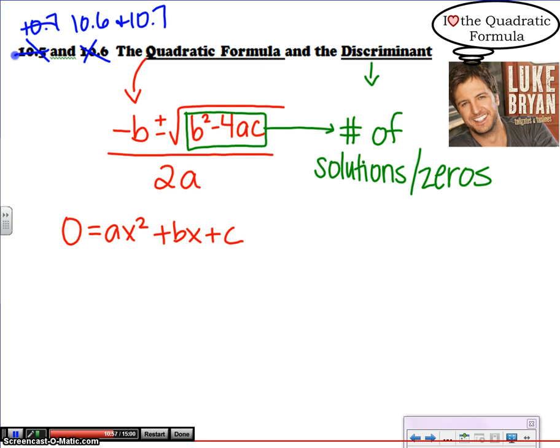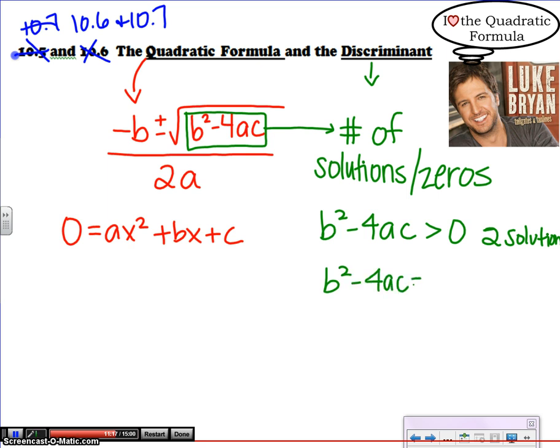So if we have a positive discriminant, and I'm even going to use our fancy math, so if we say b squared minus 4ac is positive, meaning greater than 0, that means we're going to have 2 solutions. If b squared minus 4ac is equal to 0, that means we're going to have 1 solution.